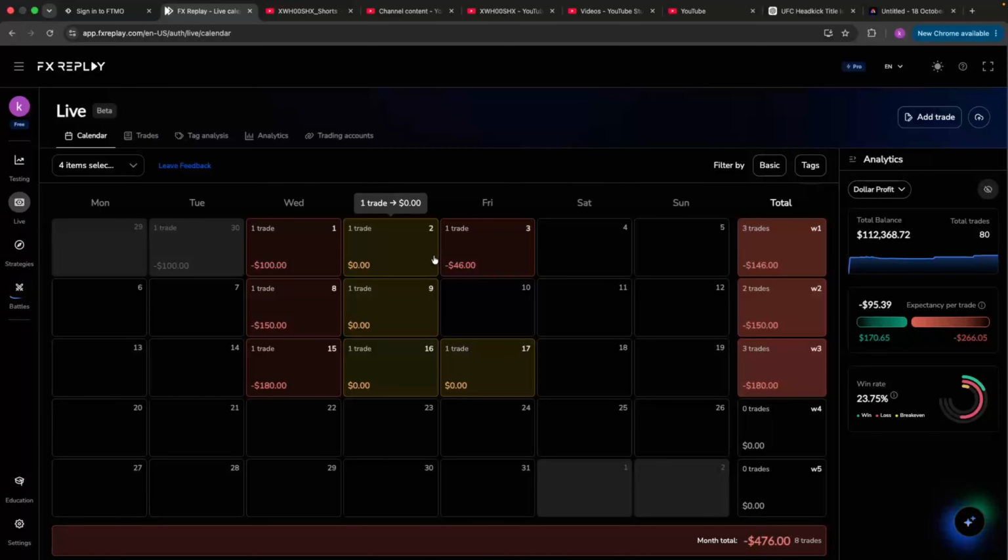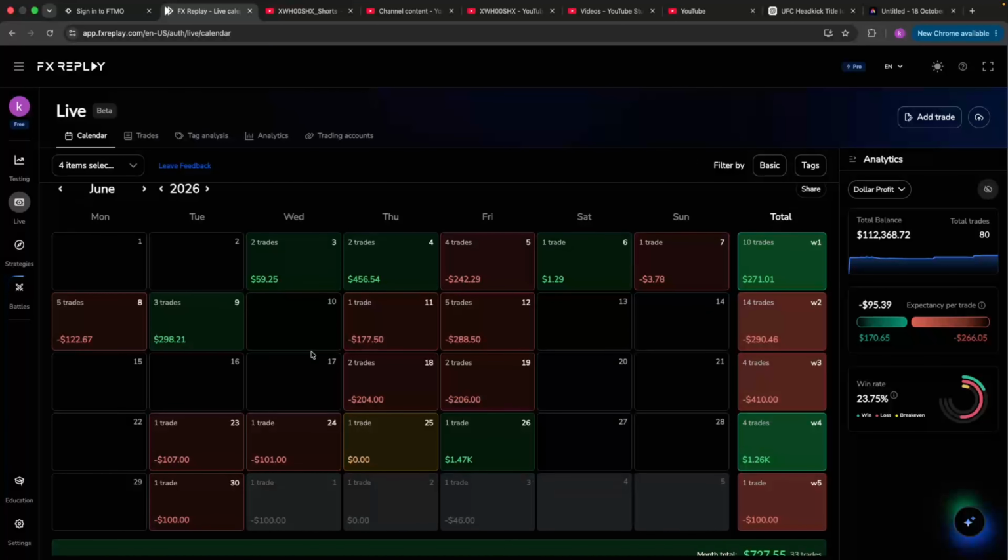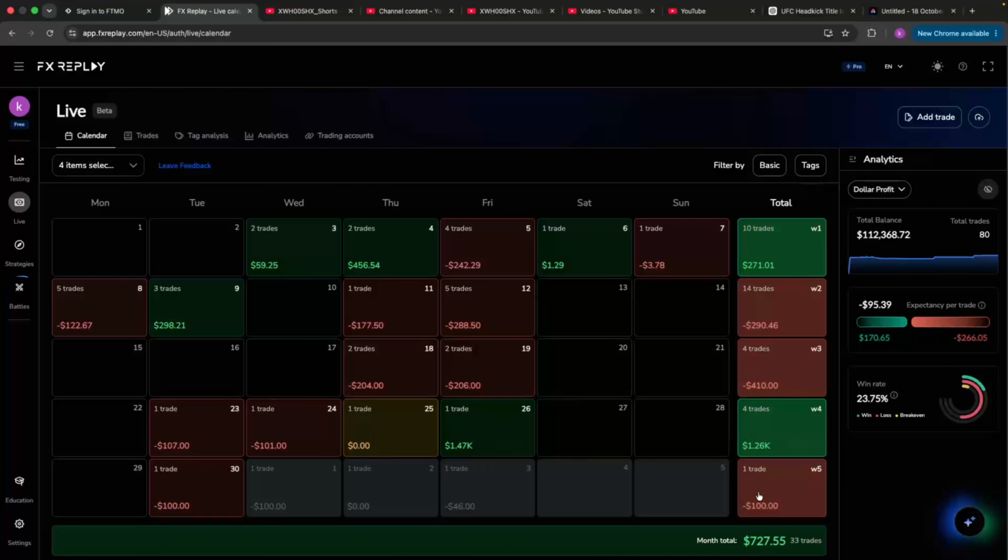So, it's good to always journal your trades and understand your risk to reward, and just follow your strategy. I've had a bad month, had a bad month last month as well. It says profit 727 because this was on my 100K account.